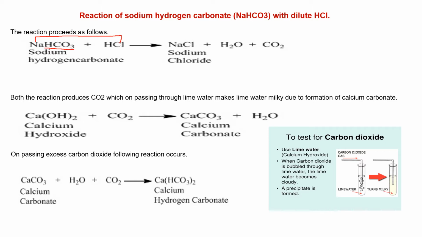Again, as I told you, carbonate is there, so whenever there is a reaction with carbonate, carbon dioxide gas evolves. What happened to hydrogen? These two hydrogens are remaining, and with the one O I have taken from carbonate, H2O is formed. Very simple. Let's go ahead.